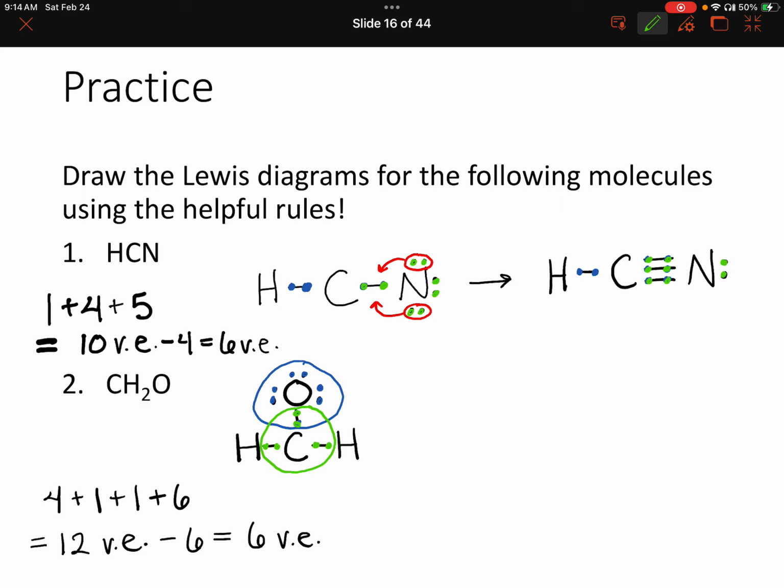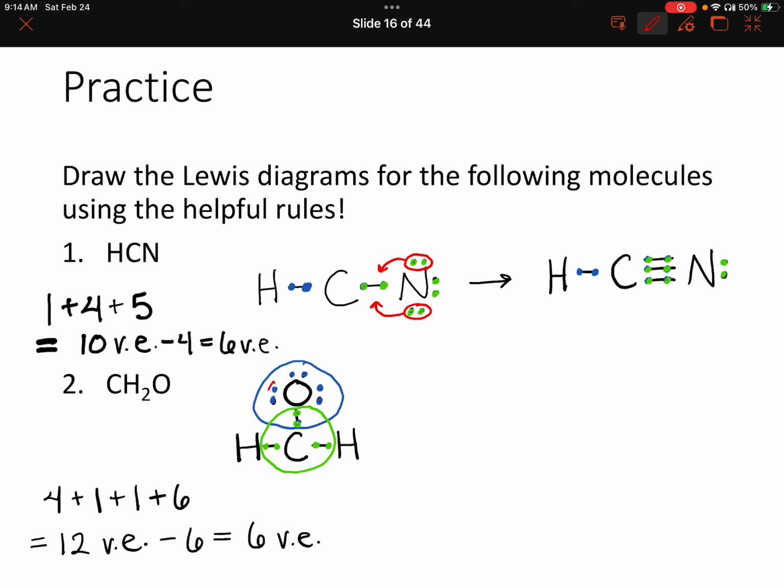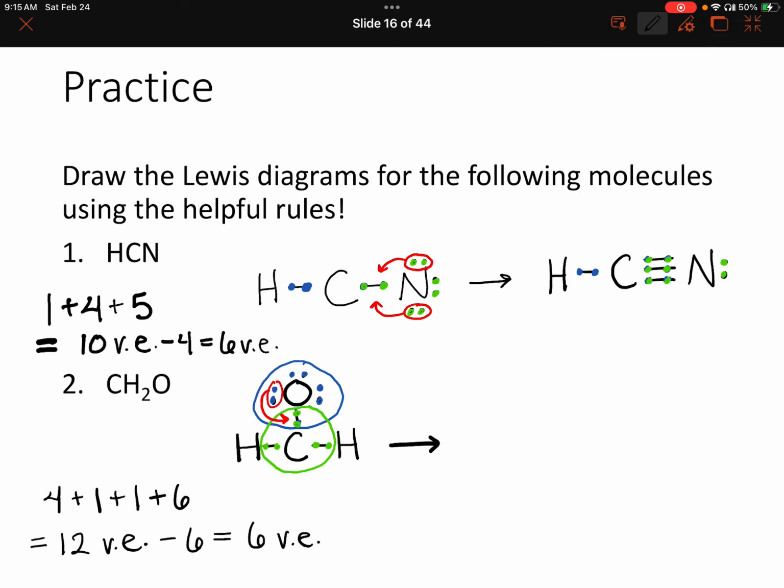And remember, we can always move electrons from another atom. So let's do that with oxygen. So we'll move those down so that it's sharing them with carbon. So it looks like we're going to create a double bond between carbon and oxygen. And then we'll still have 2 non-bonding pairs left over on oxygen.